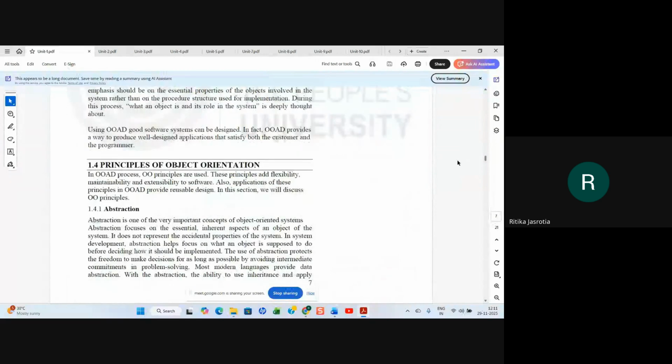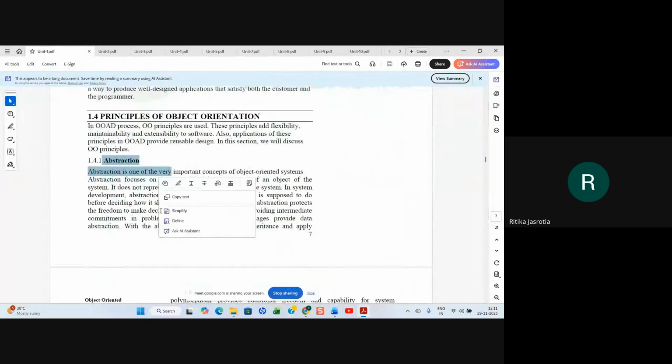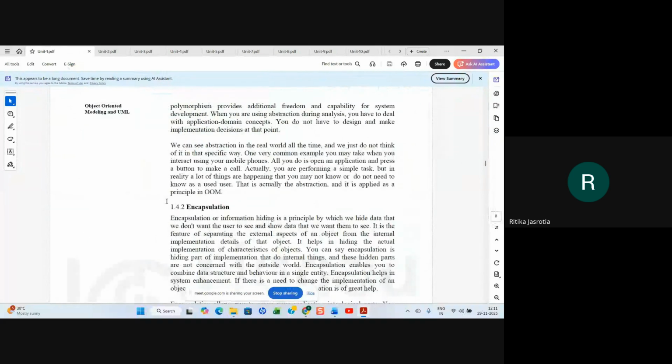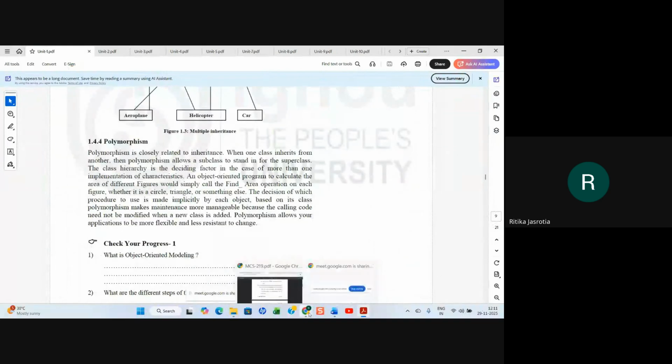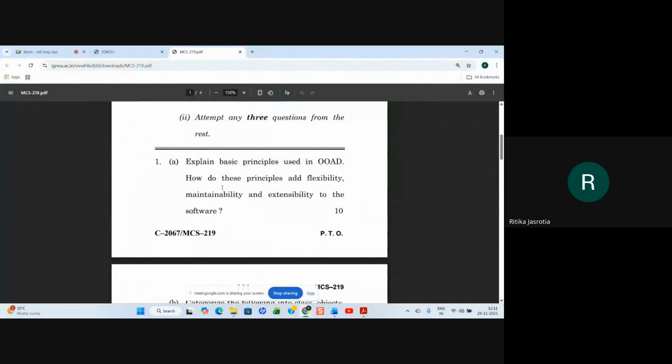How do these principles add flexibility, maintainability, extensibility to the software?